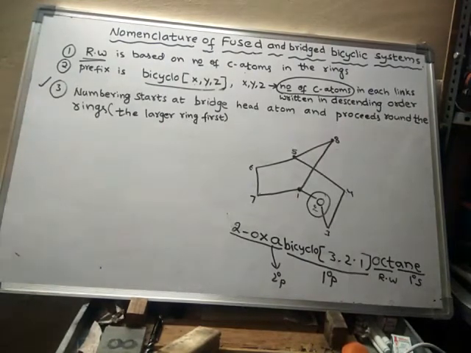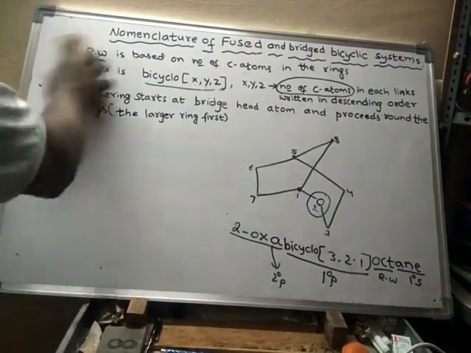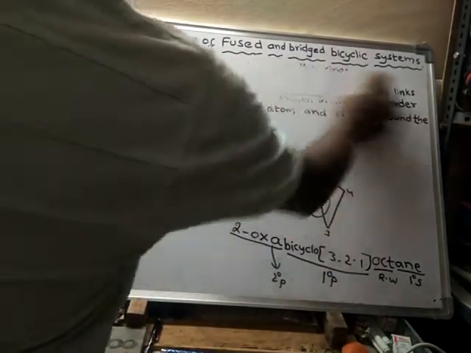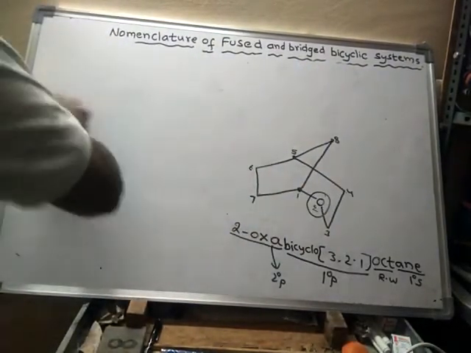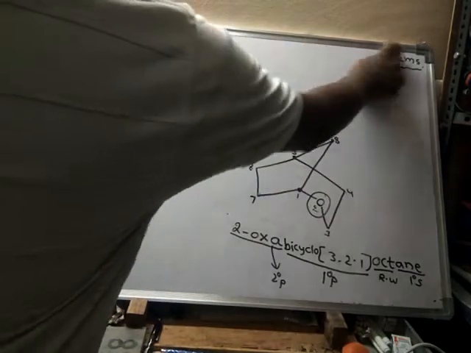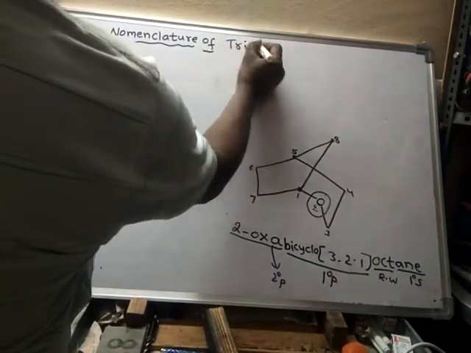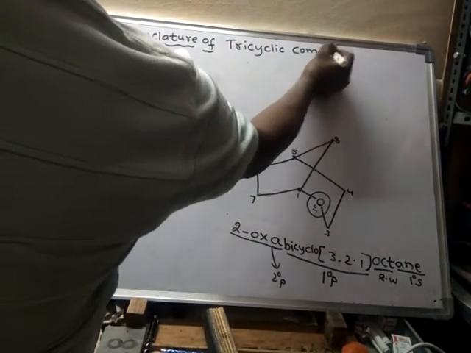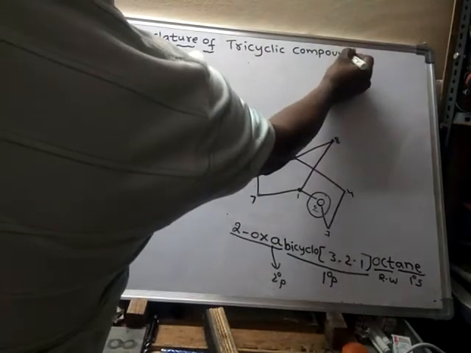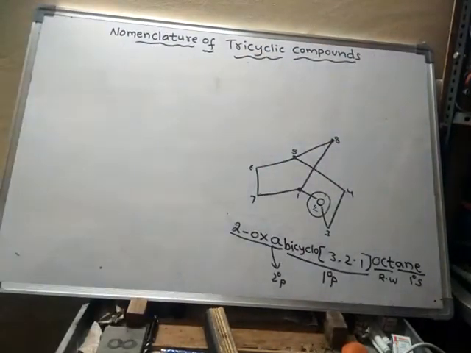There is another type of compound known as tricyclic compounds. We will learn the nomenclature of tricyclic compounds.